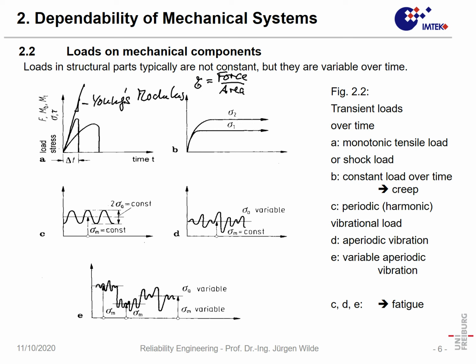If it is just a monotonously increasing load, as we can see it here, so it just goes up until we reach the ultimate tensile strength, for instance. On the other hand, we can have alternating load.